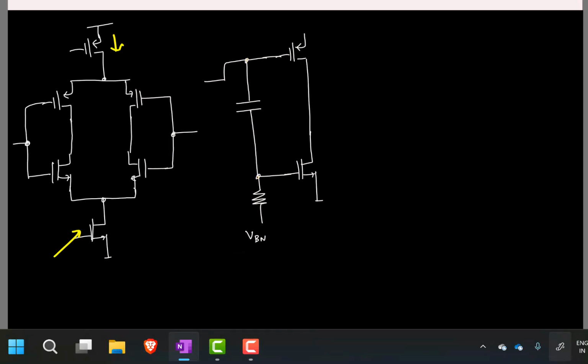So this is my signal, and here is where you will have the load. This kind of stage is called a class AB stage.